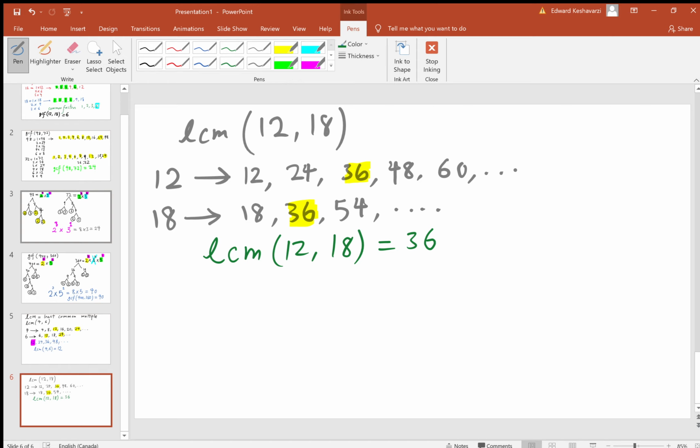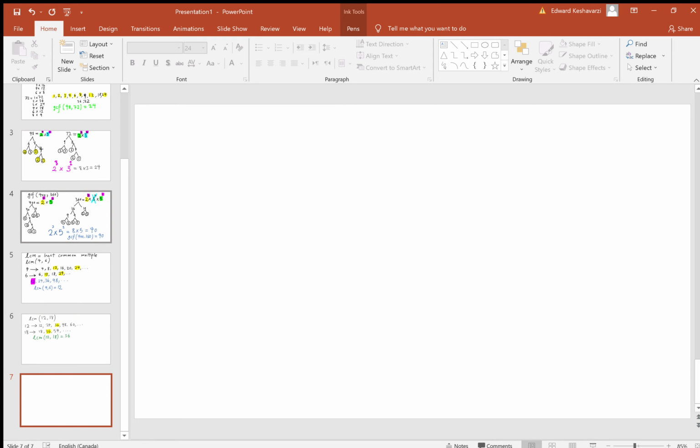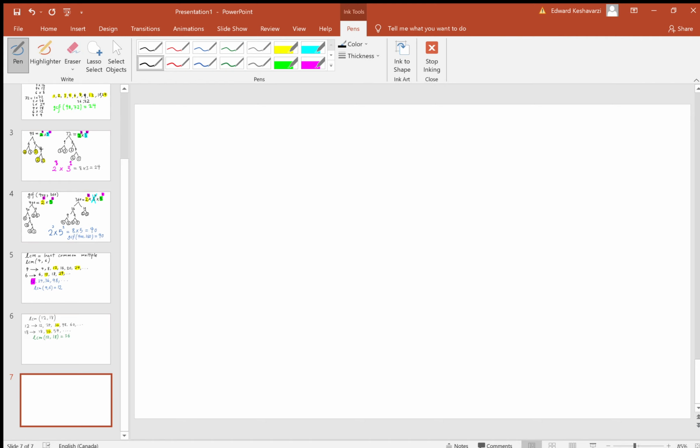This is why we again will use standard prime factorization to find the LCM of two numbers. Okay, I'm going to find the LCM of 12 and 18 by applying the standard prime factorization. So 12, 2 times 6, 2 times 3.